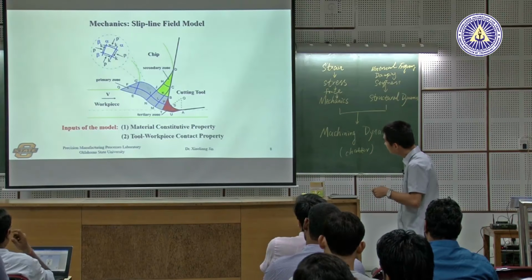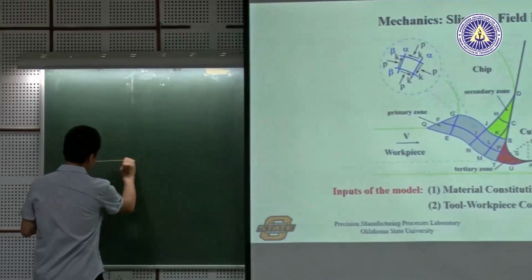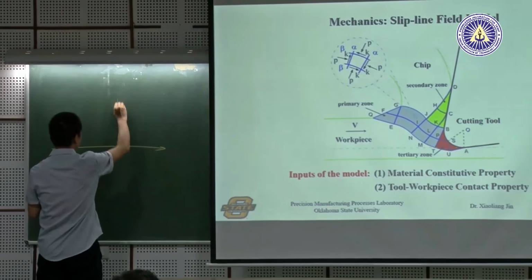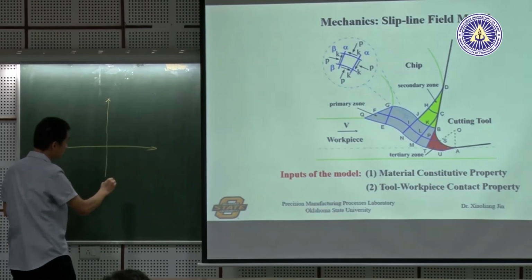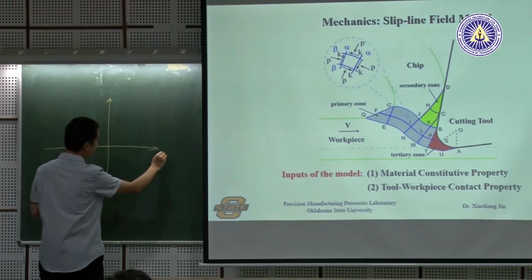Take it out here, like let's say it becomes a small region here. Then the stress can be characterized by normal stress, we use sigma, right? And shear stress.